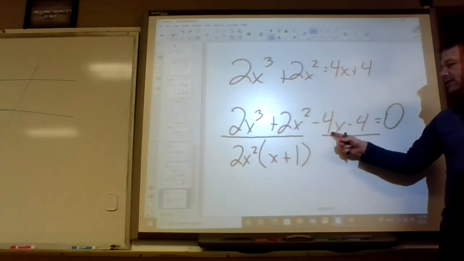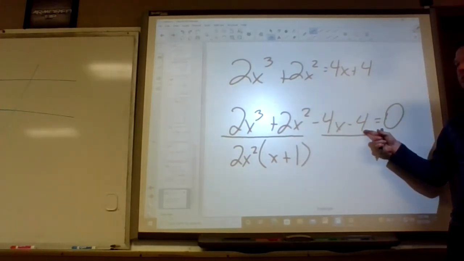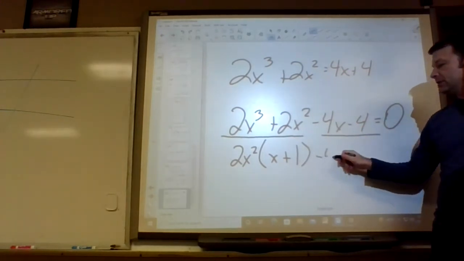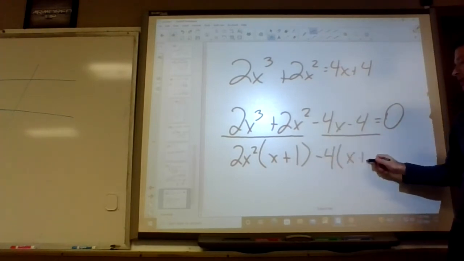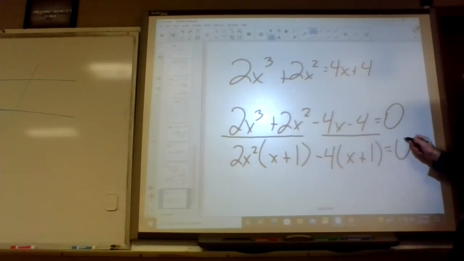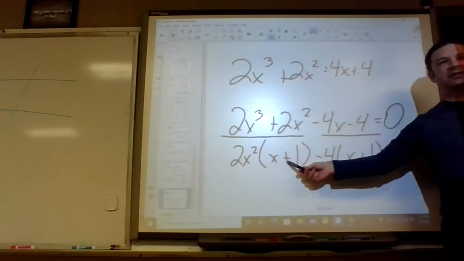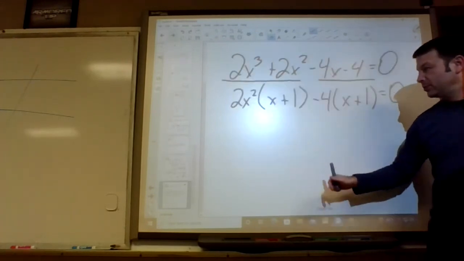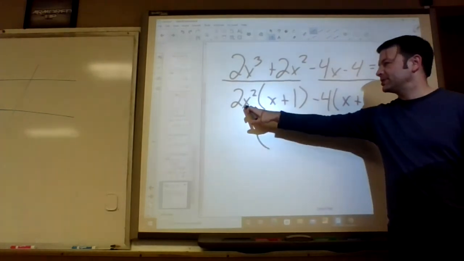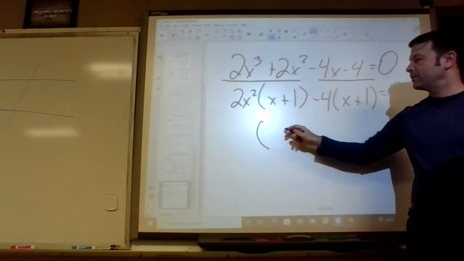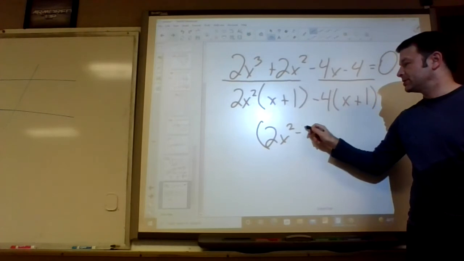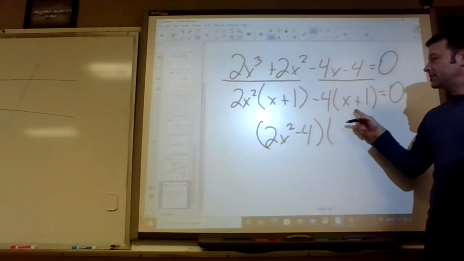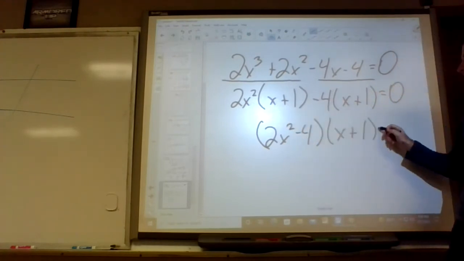What can I take out of these two? Negative 4x, and x plus 1 again. So grouping only works when your leftover is exactly the same. What we did at this point was the outside stuff went in the first parentheses, and the inside stuff went in the second parentheses.